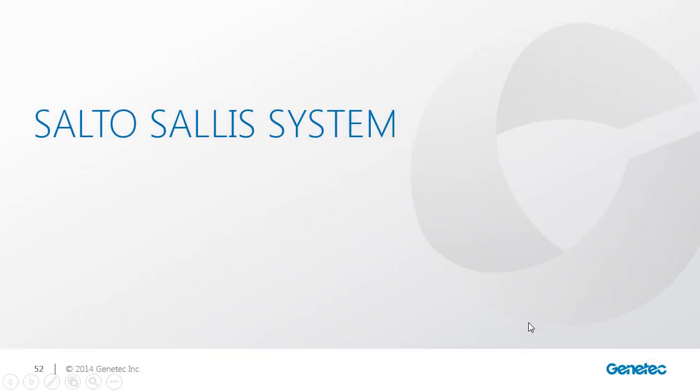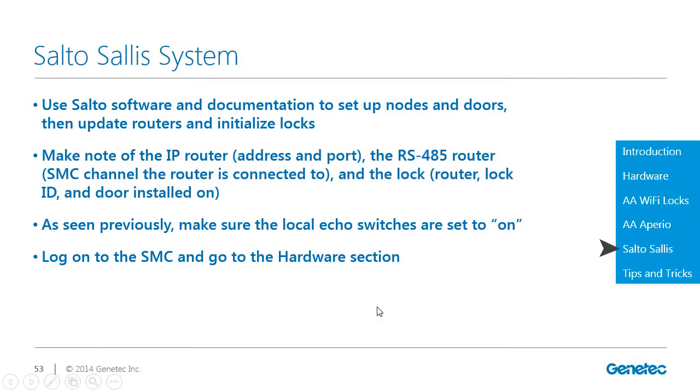Okay, our last hardware type here is the Salto Solus wireless locks. So let's take a look at how to set those up for use in Security Center. To enroll the unit, you want to use the documentation and software provided by Salto to set up the nodes and doors, and then update the routers and initialize the locks. This is using the portable programmer device.